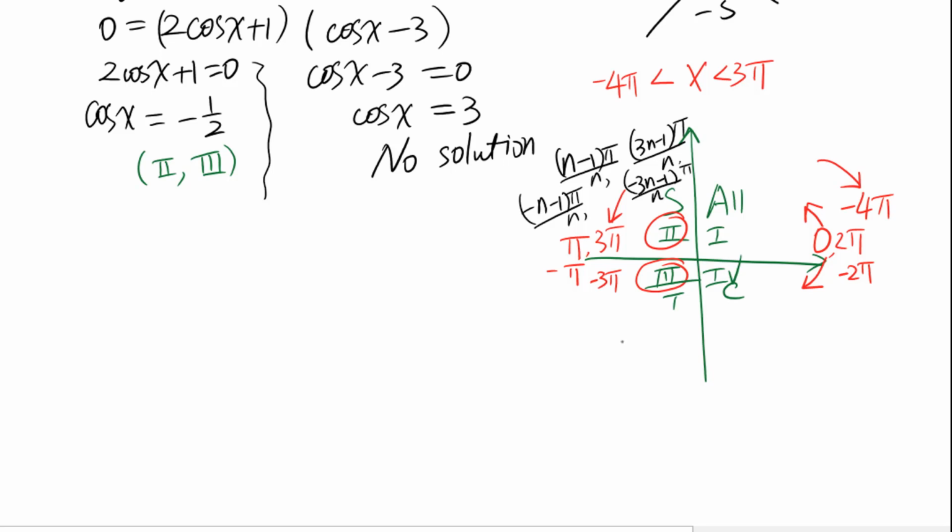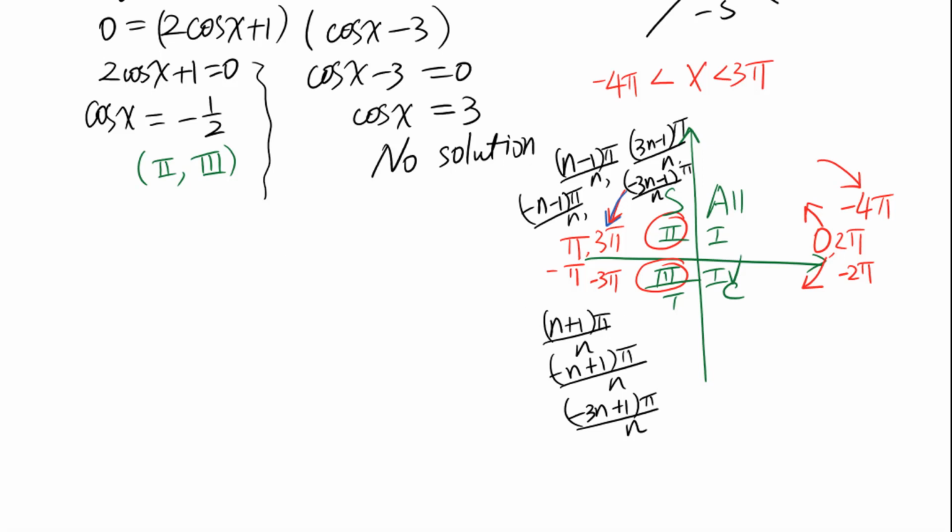For third quadrant, you will have (n plus 1) pi over n, negative (n plus 1) pi over n, negative (3n plus 1) pi over n. Since 3 pi stops at second quadrant, there's no (3n plus 1) pi over n as the pattern.